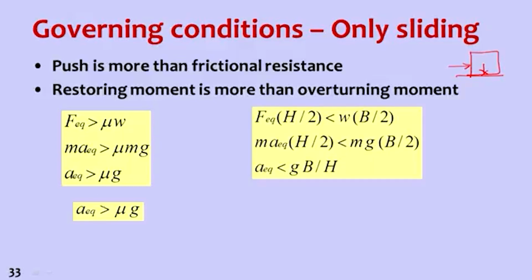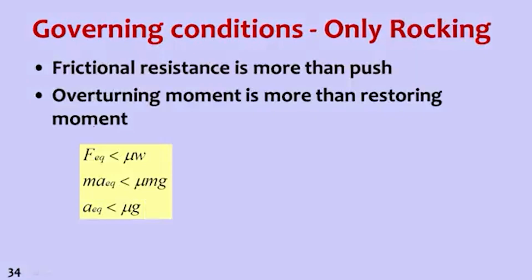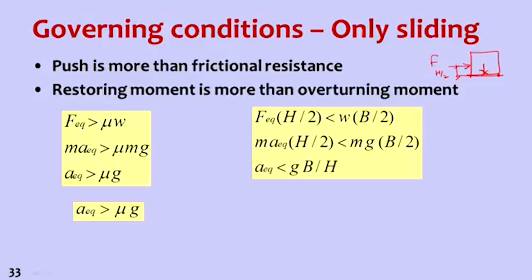Then the second one is overturning moment and restoring moment. Taking the moment at this point, the force F of the earthquake multiplied by the lever arm h by 2 is in the clockwise direction, and W, the weight, times b by 2 is in the anti-clockwise direction. If it has to overturn, the moment due to the applied force should be greater than this one, but for not overturning, only sliding, this has to be less.